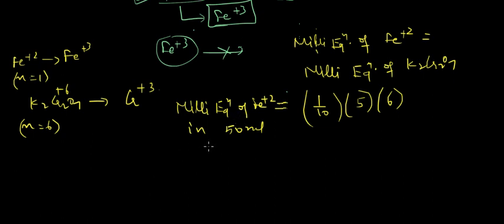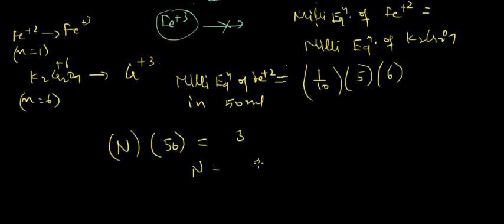So milli equivalents of Fe2+ would be normality of the solution containing Fe2+ multiplied with volume of solution, which is 50, is 3. You can just calculate. So the normality in this case would be 3 by 50.